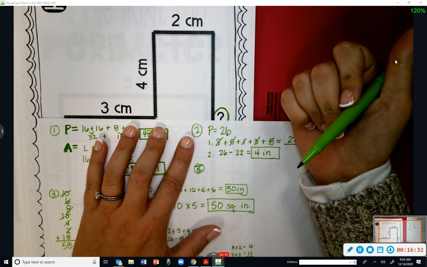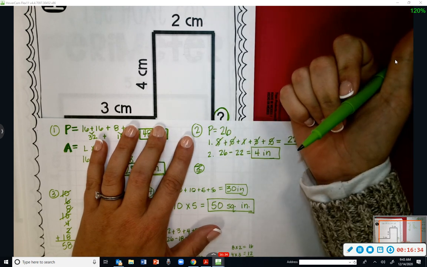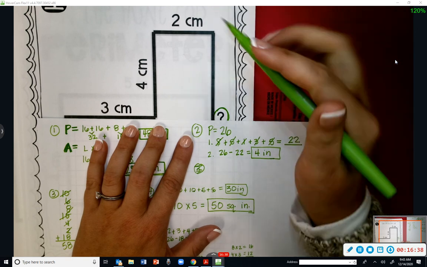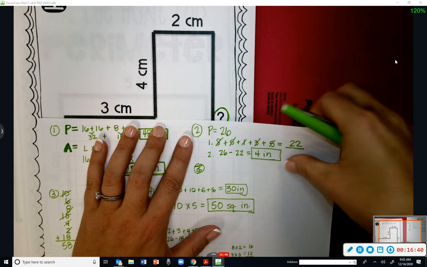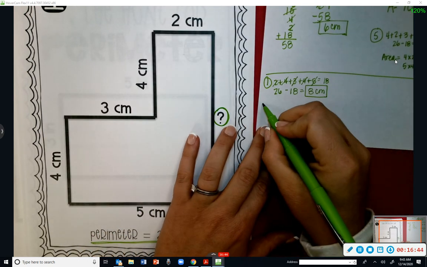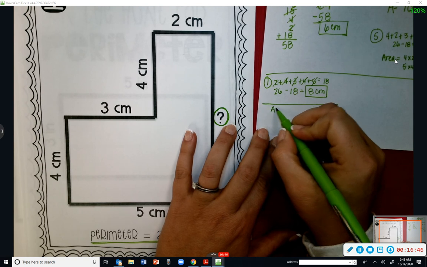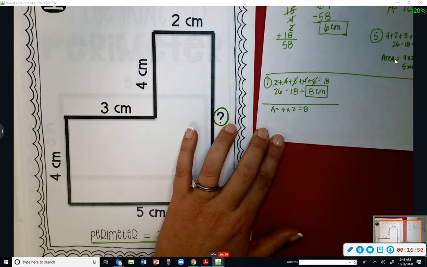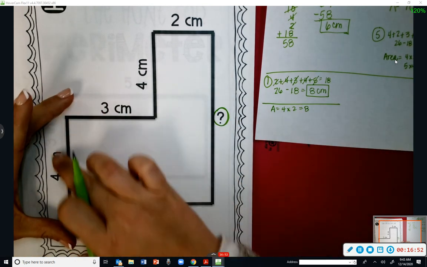So Evangeline, I would do what? 4 times 2. So 4 times 2 is 8. Okay? Now I have this bottom rectangle.